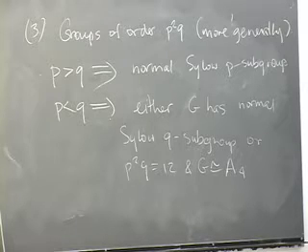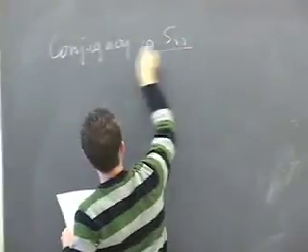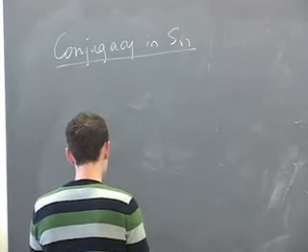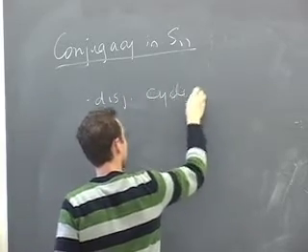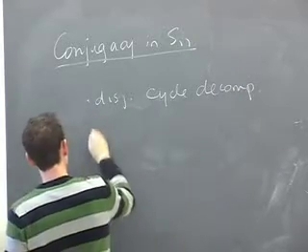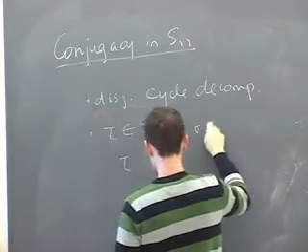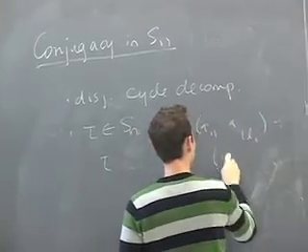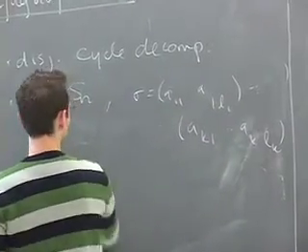Anyway, another of the things that we talked about is conjugacy in Sn. So I'll just very briefly remind you of what happened there. So we have disjoint cycle decomposition. Given tau in Sn, if sigma can be written as (a_11, a_12, ..., a_1l_1) up through (a_k1, ..., a_kl_k), this is its disjoint cycle decomposition.